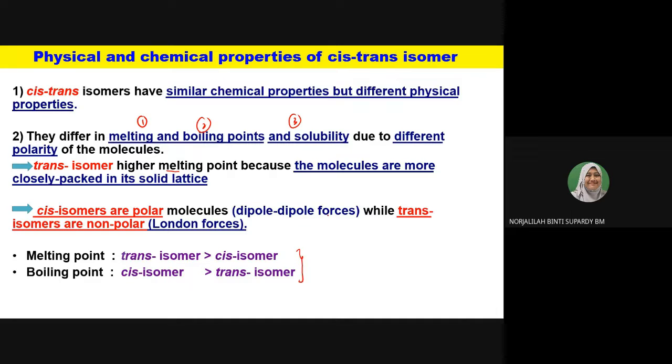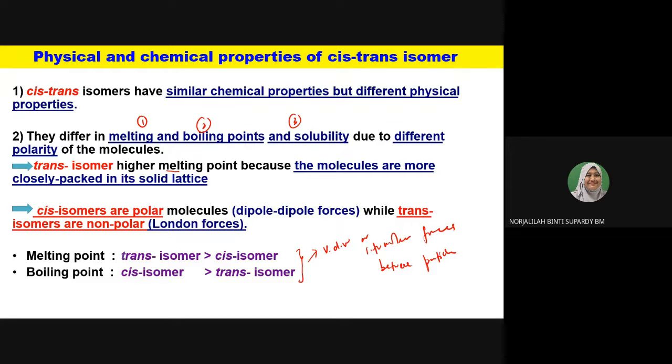And what are the factors? You need to check the van der Waals forces or the intermolecular forces between particles, whether London forces or dipole forces exist between particles.